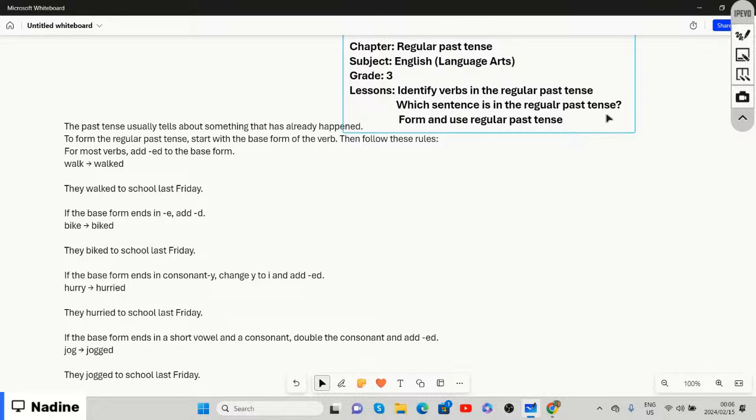And the lessons that we are going to be focusing on today under the chapter of regular past tense are to identify verbs in the regular past tense, which sentence is in the regular past tense, and to form and to use regular past tense. So that's going to be our chapter as well as our lessons for today.